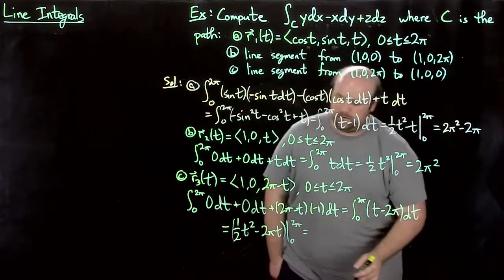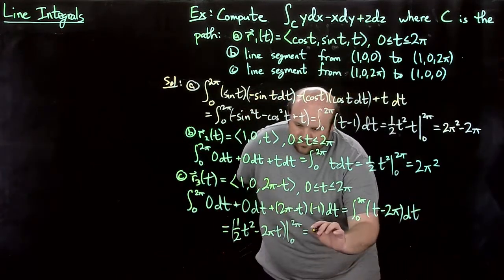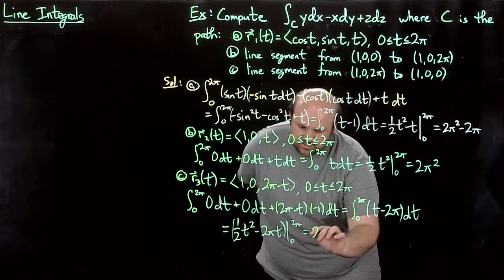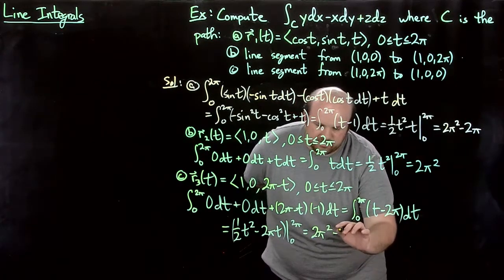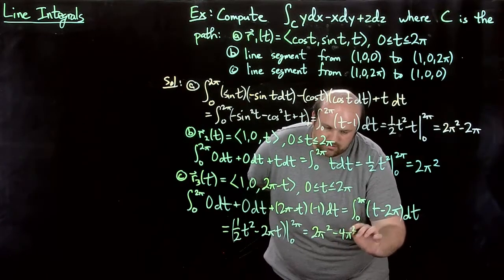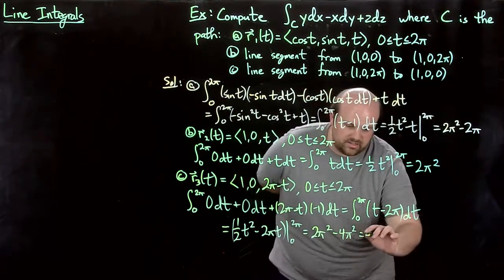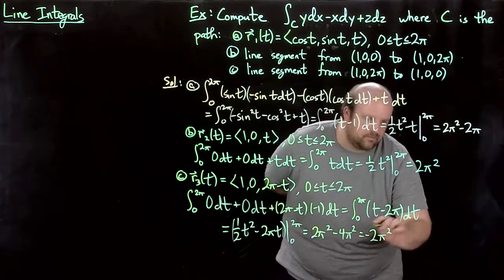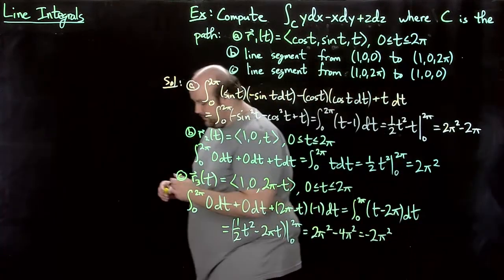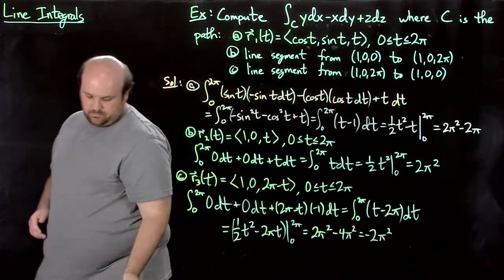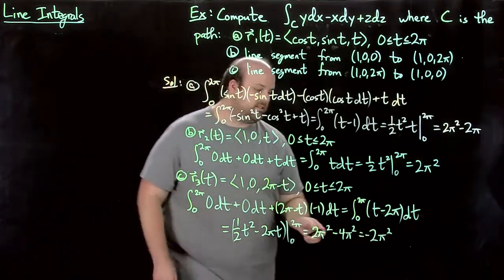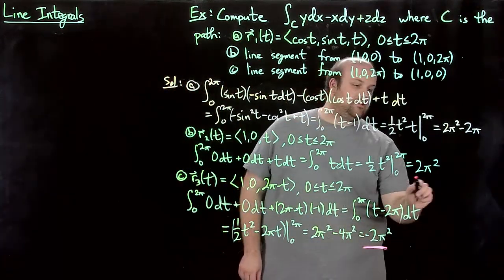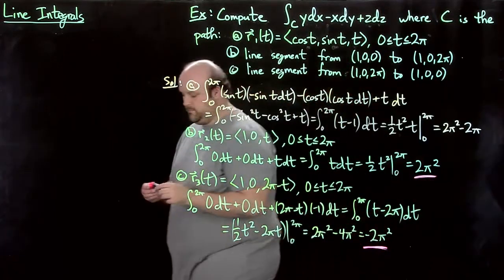So what do we get? We get 2 pi squared minus 4 pi squared, which is just negative 2 pi squared. So what do you notice here? Notice that this is the negative of that one.